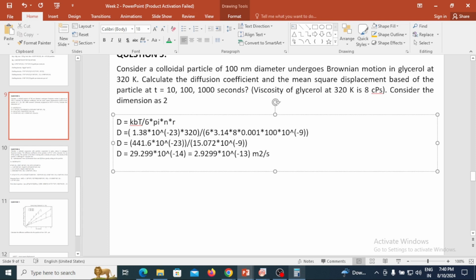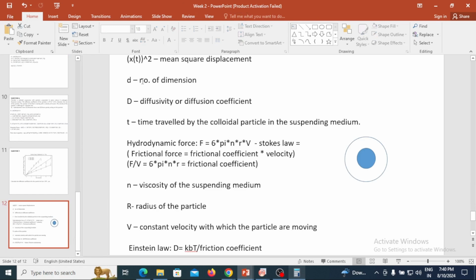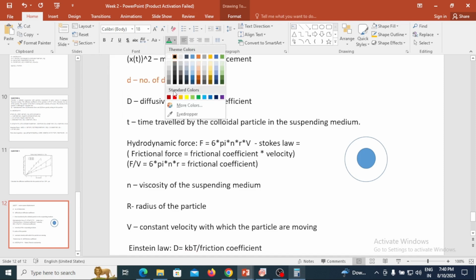Now you are supposed to calculate x of t. X of t the whole square, sorry, equals 2 times d times capital D times t. So small d represents the number of dimensions, as we discussed before.